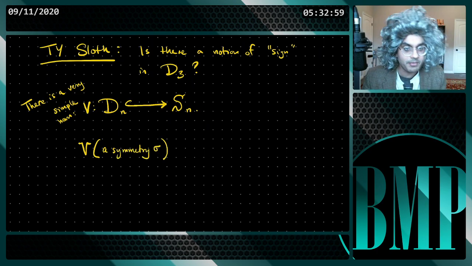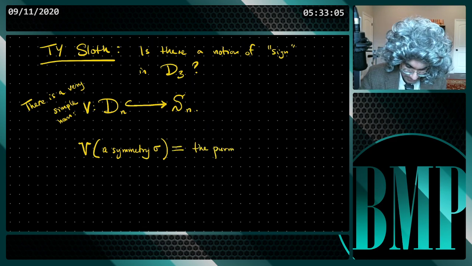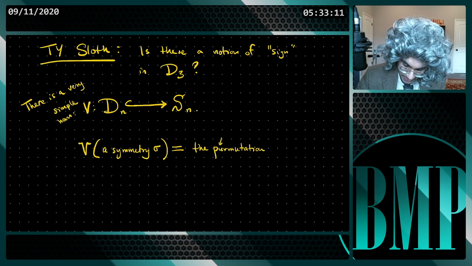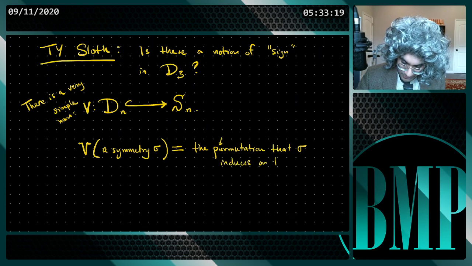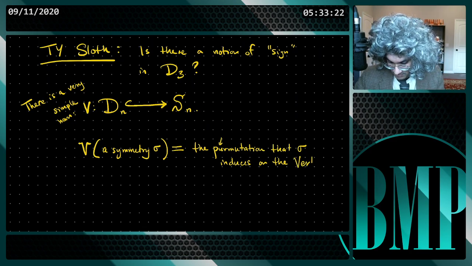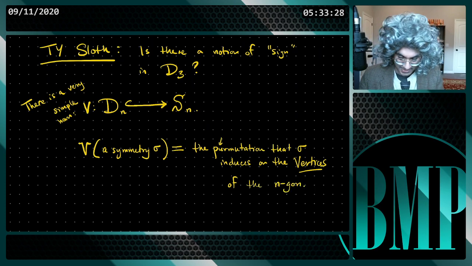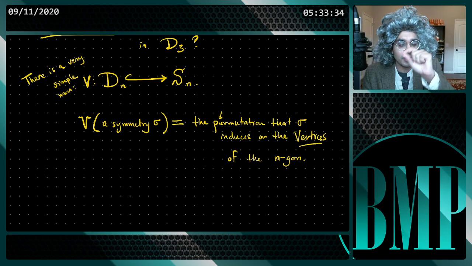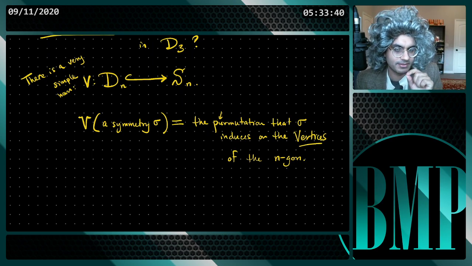Let's call the symmetry sigma. V of sigma equals the permutation that sigma induces on the vertices of the n-gon. For every symmetry of the n-gon, label the corners as 1, 2, 3, 4, up to n.